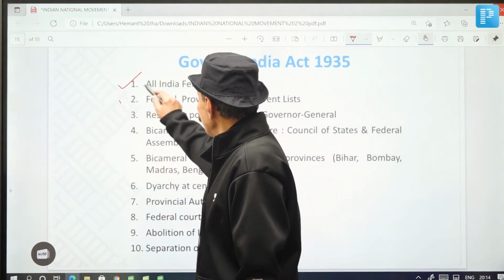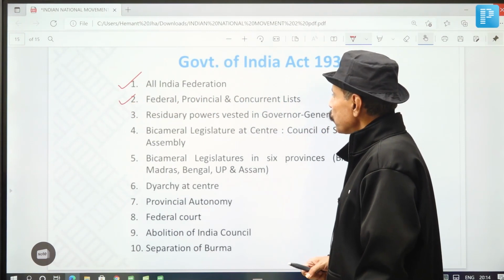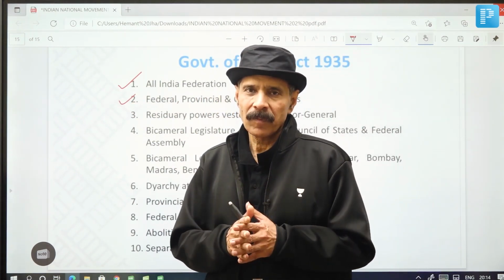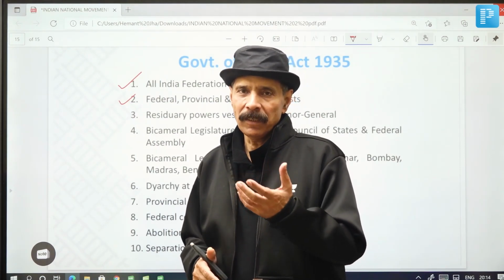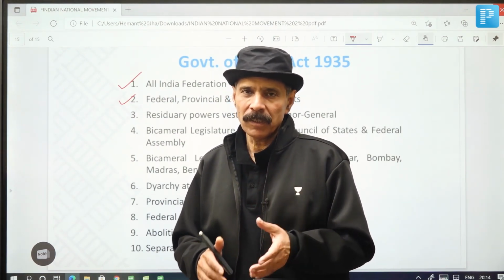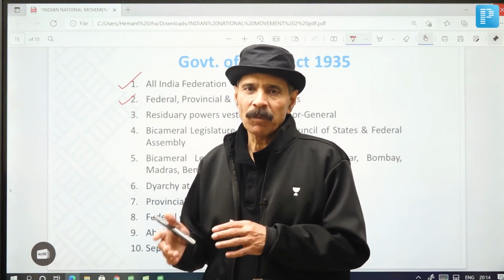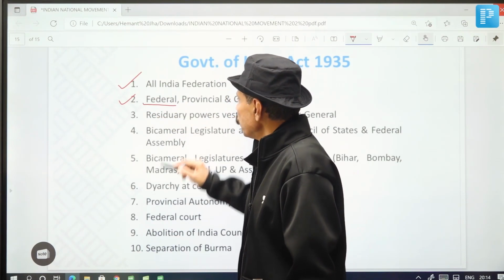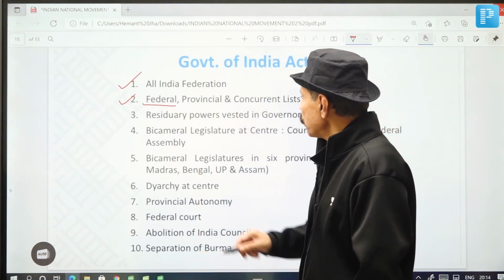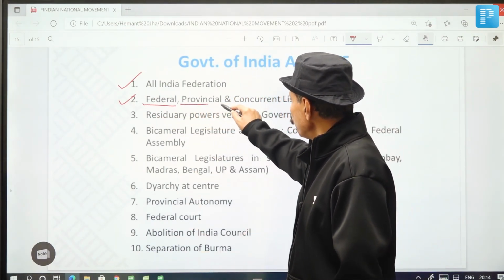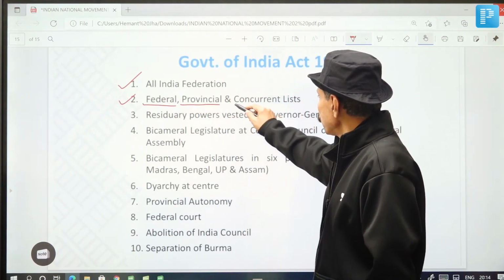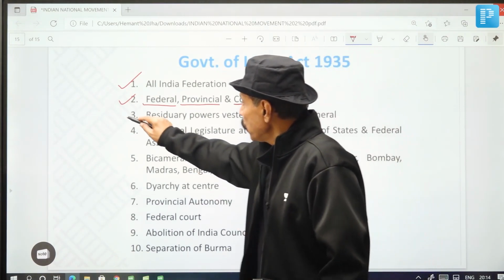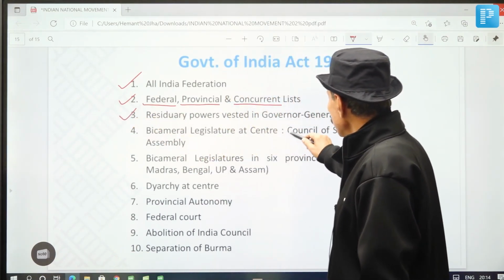Next is the federal, provincial and concurrent list. This provided for three lists. The Act of 1919 provided for two lists, central and provincial. This provided for three lists: federal, subjects under the federal or central government; provincial, subjects under the provincial government; and concurrent, subjects under both governments. And third, residuary powers were vested in the Governor General.